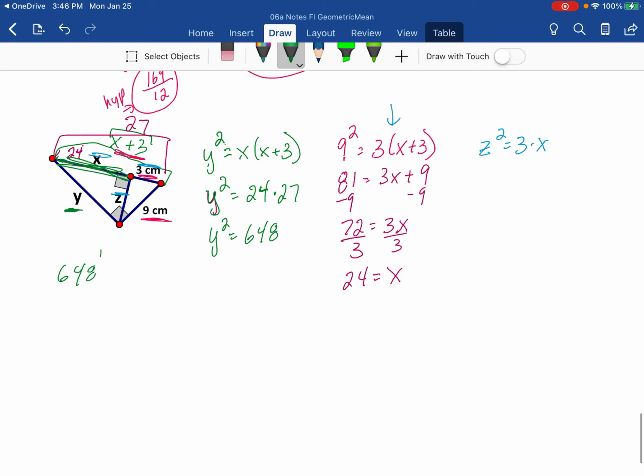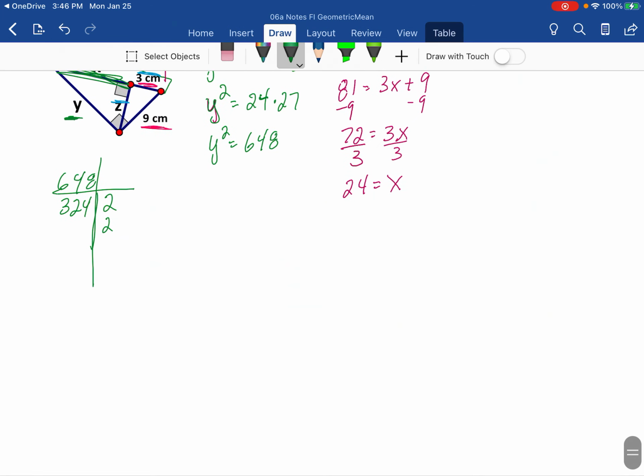Okay, 648 you're going to have to simplify. Divide by 2 is 324, divide that by 2 is 162, divide that by 2 is 81, divide that by 3 is 27, divide that by 3 is 9, divide that by 3 is 3, and 3 divided by 3 is 1.